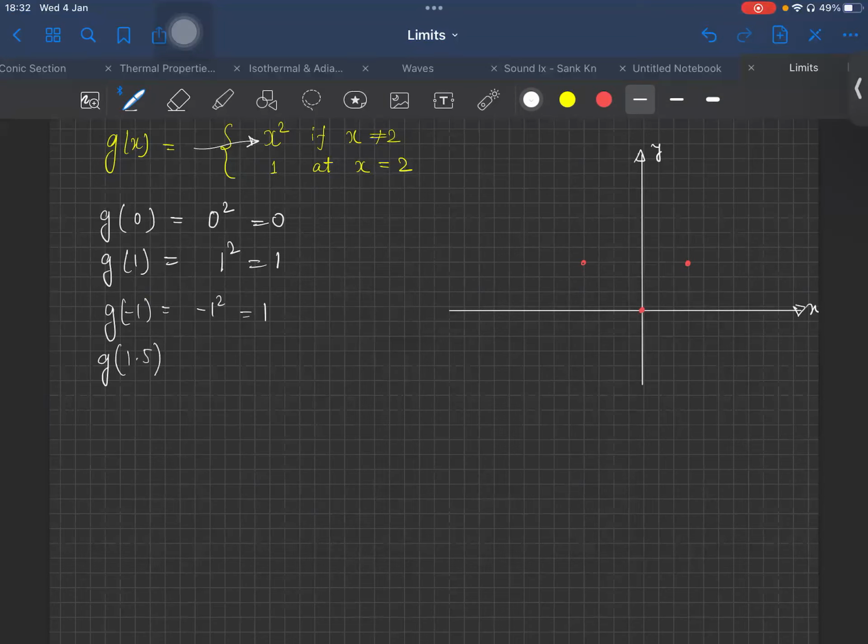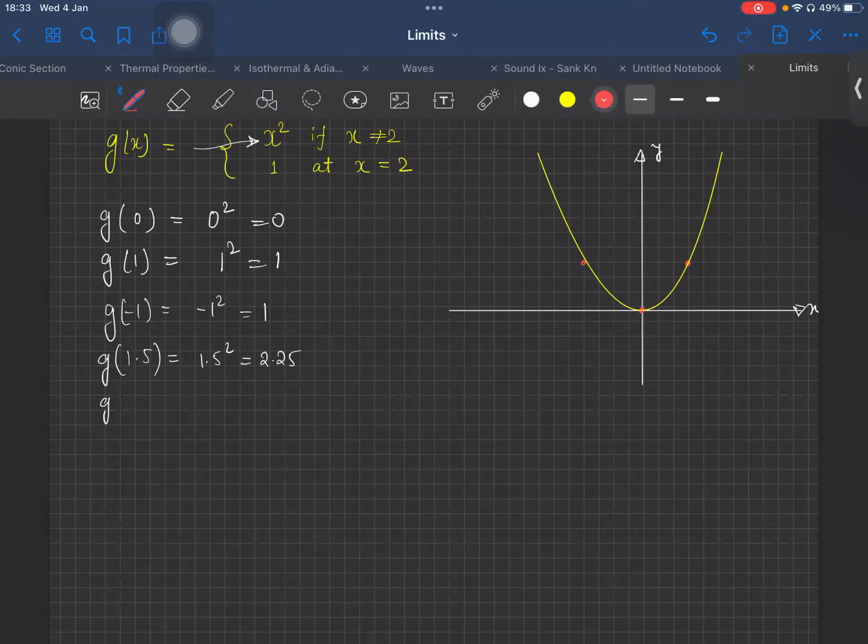Let's say 1.5. So this will be equal to 1.5 square, that is 2.25, right? So if you try to plot this function, it will look something like that. We already know the shape, that's why we are drawing it like that.